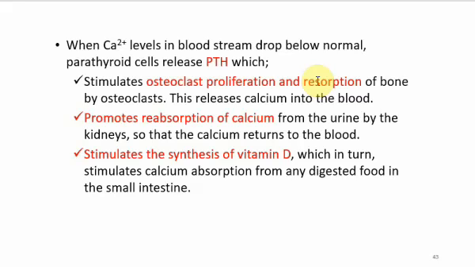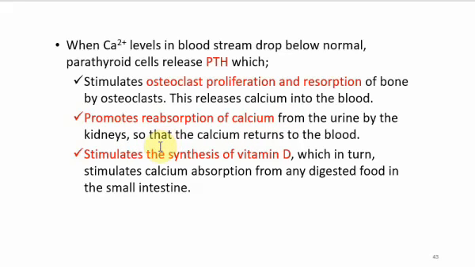So during resorption, calcium is released into the bloodstream. That definitely will increase the amount of calcium in circulation. Number two, parathyroid hormone will promote reabsorption of calcium from urine in the kidney tubes, so that you do not lose calcium from your body. You return as much calcium to your bloodstream as possible.